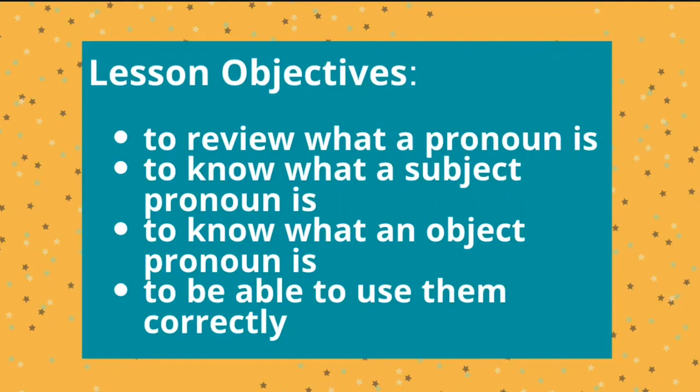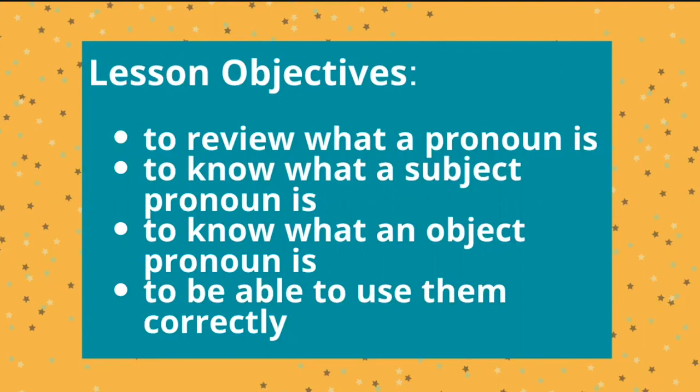And lastly, we are going to be able to use them correctly in writing or when we are talking, when we are having a conversation with someone. So that's about it for the lesson for today. Hopefully you'll be able to learn something new. So let's get started.